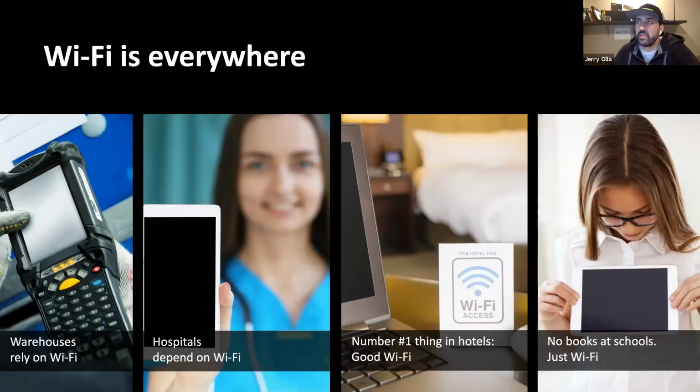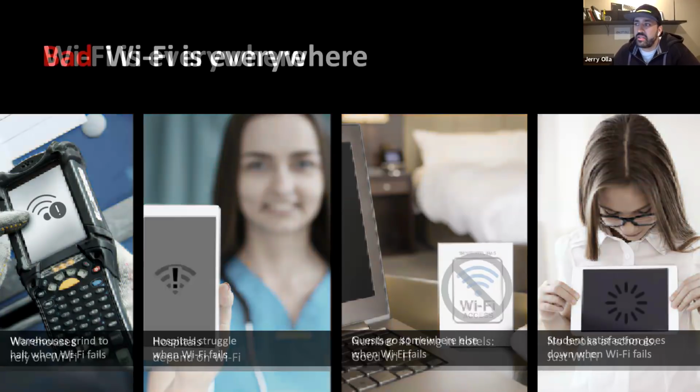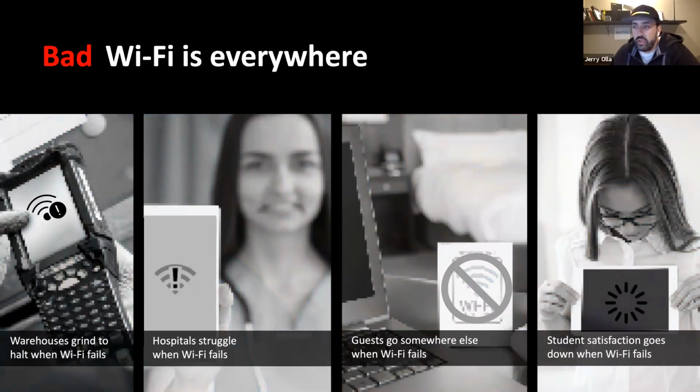So what happens when bad Wi-Fi happens in these same types of environments? Well, in a warehouse, things are going to grind to a halt pretty quickly, right? If we can't update our inventory systems and can't track and ship things, things come to a halt pretty fast. As Wi-Fi and these communication tools become more and more critical, hospitals can really start to struggle, from patient satisfaction to hospital staff communication.